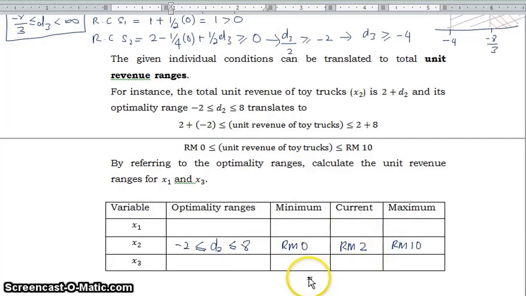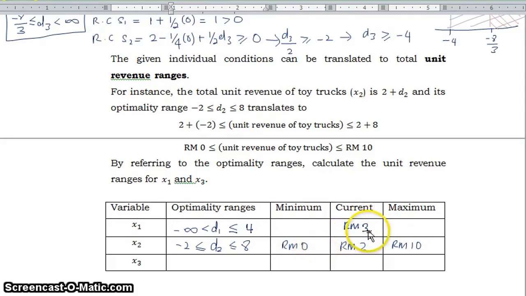For X1, the optimality range for D1 is between negative infinity and 4. And we know that the current price for X1 is 3 ringgit.